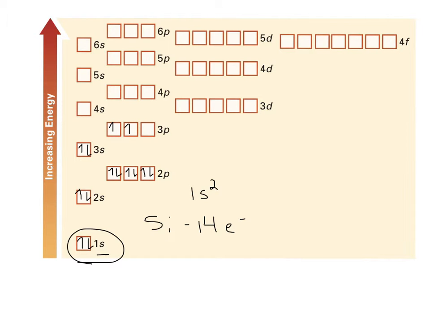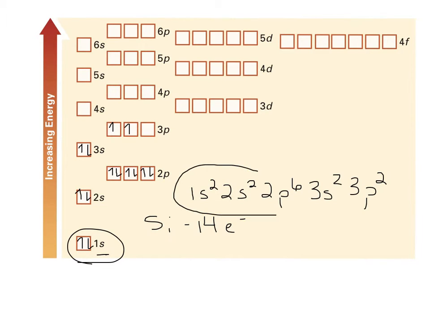You'd say 1s2, and then the next one is going to be 2s2, and then 2p6, because there's 6 in there, and then 3s2, and then 3p2. Does that make sense? So this is the electron configuration for silicon: 1s2, 2s2, 2p6, 3s2, 3p2.